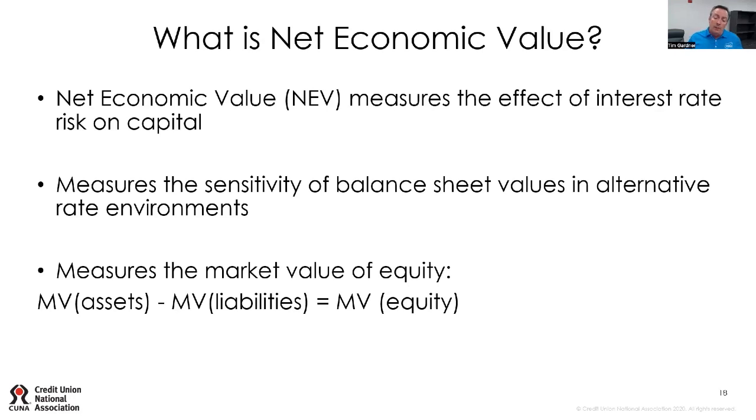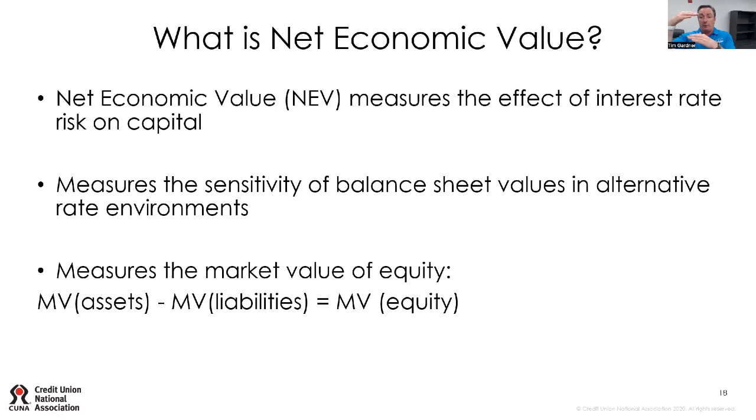Okay, so that's how the asset side and the liability side work when we talk about market value. And then when we take the difference between those two, in a rising rate environment, the value of the assets declines. In a rising rate environment, the value of the deposits would show a nice increase because, again, we're getting the money cheaper from the members.